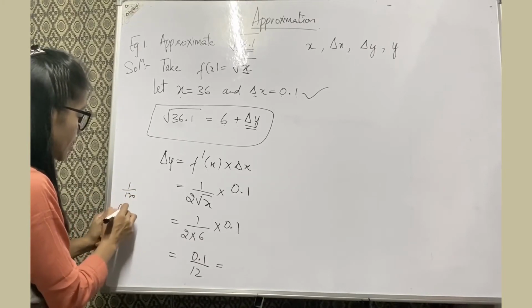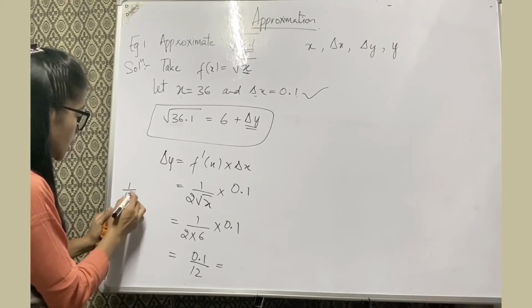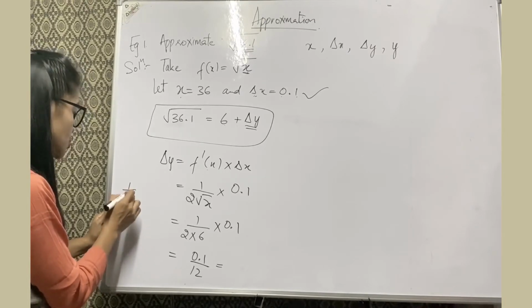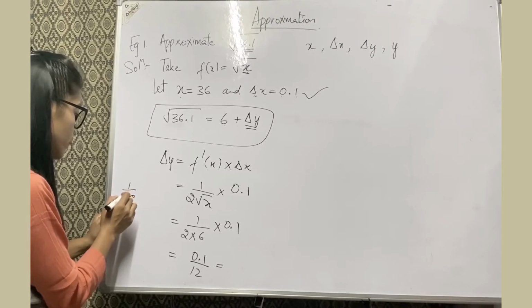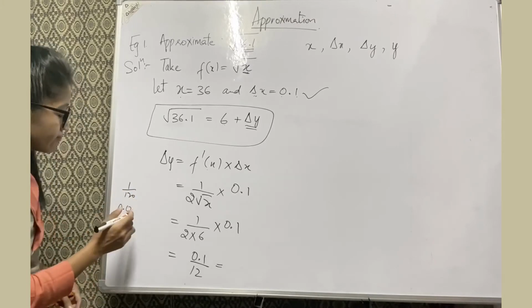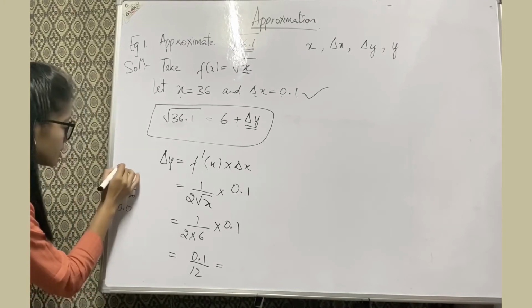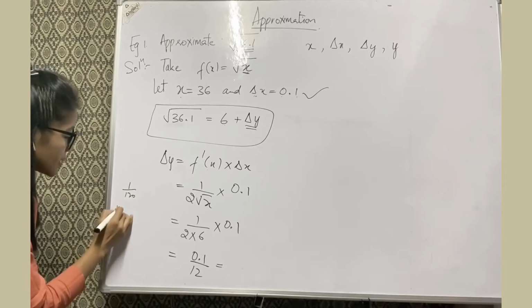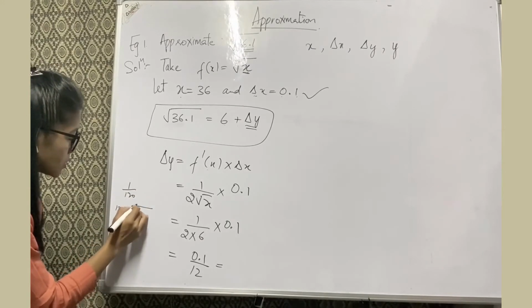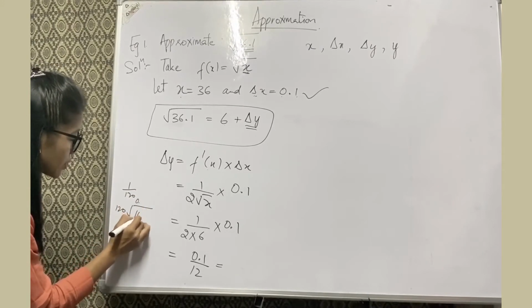So that will be 0.0, okay. If you are not understanding it, you can write 1. So you put a point, you get 10, right?